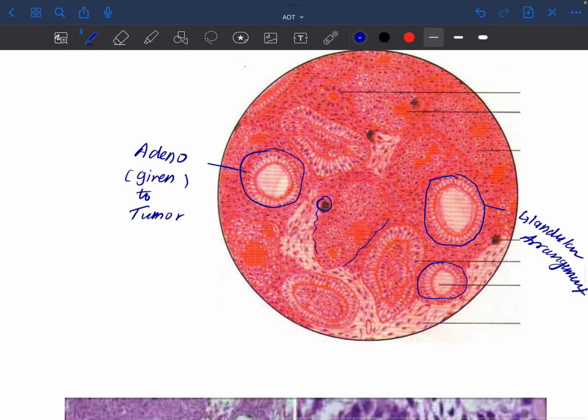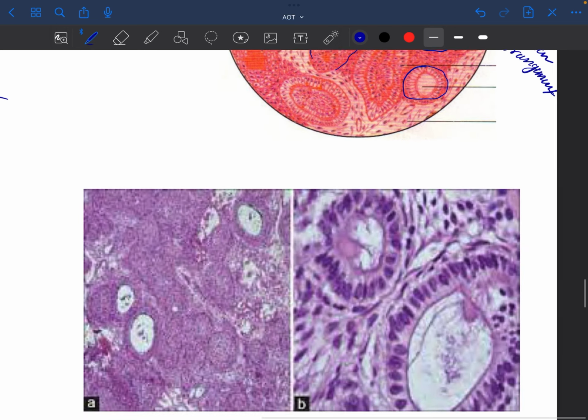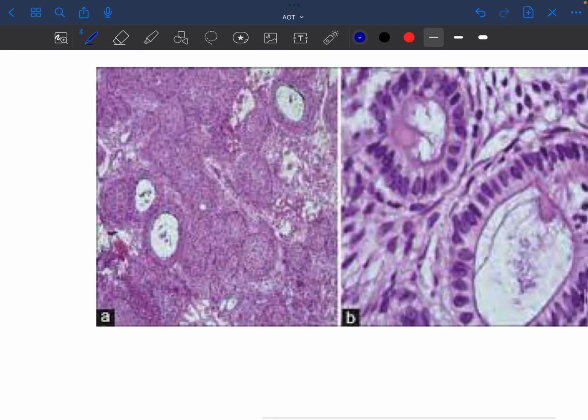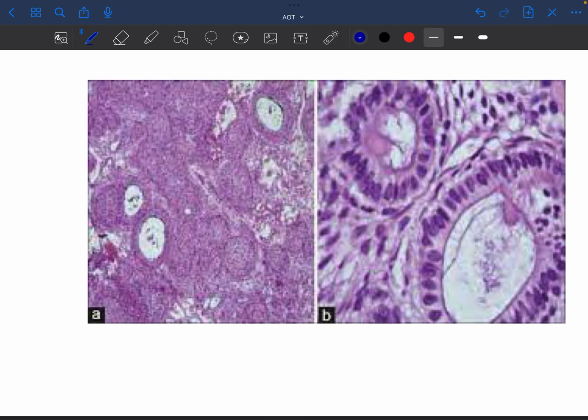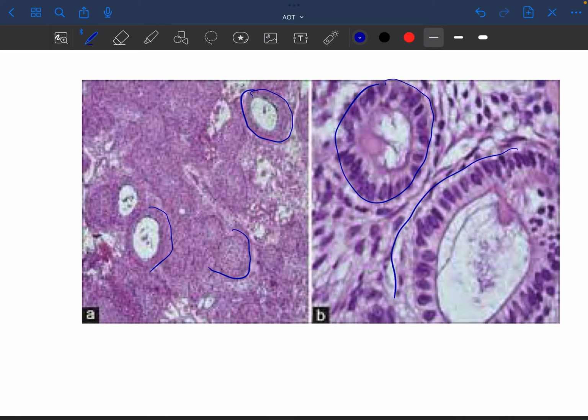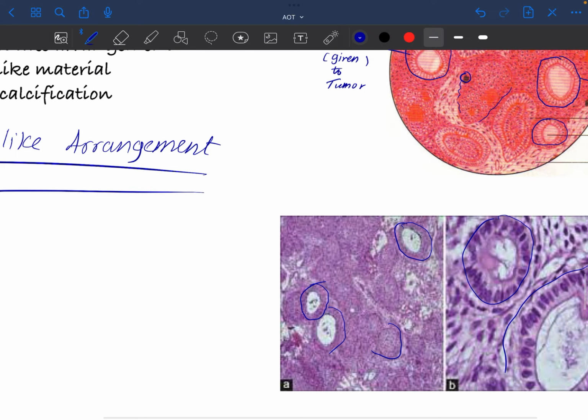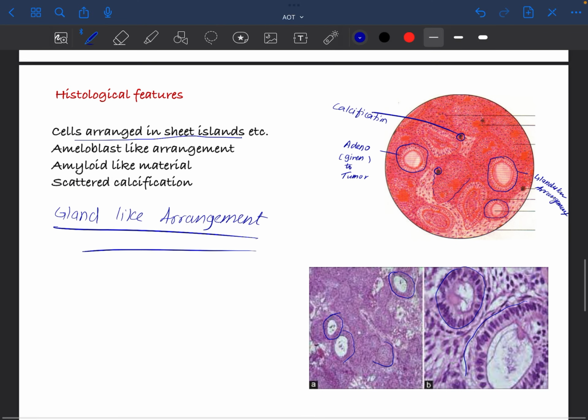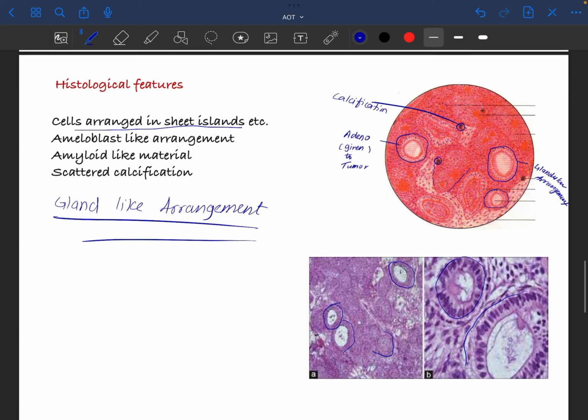You can see a small amount of calcification. This is calcification, the same thing you can see in a histological slide. These are the usual tumor patterns. These are glandular patterns; on a larger scale you can see these are all glandular patterns. This is the only differentiator. When they give you a slide, I discussed the histological differences between types of ameloblastoma in the ameloblastoma class.